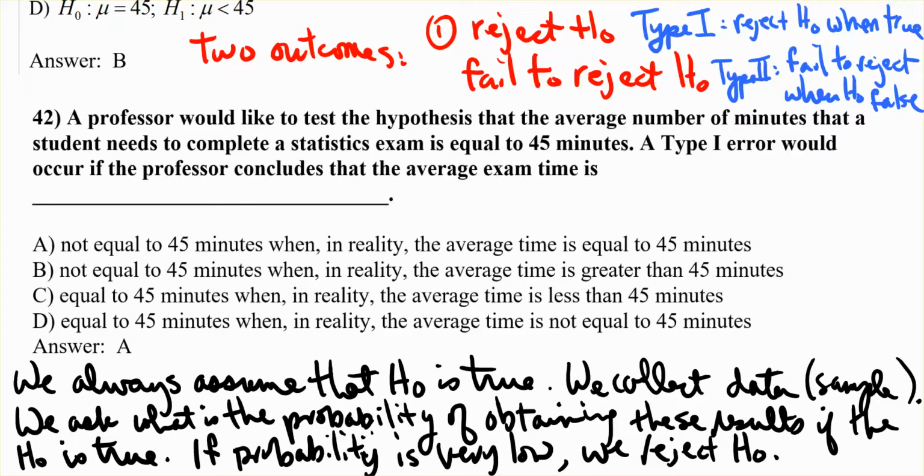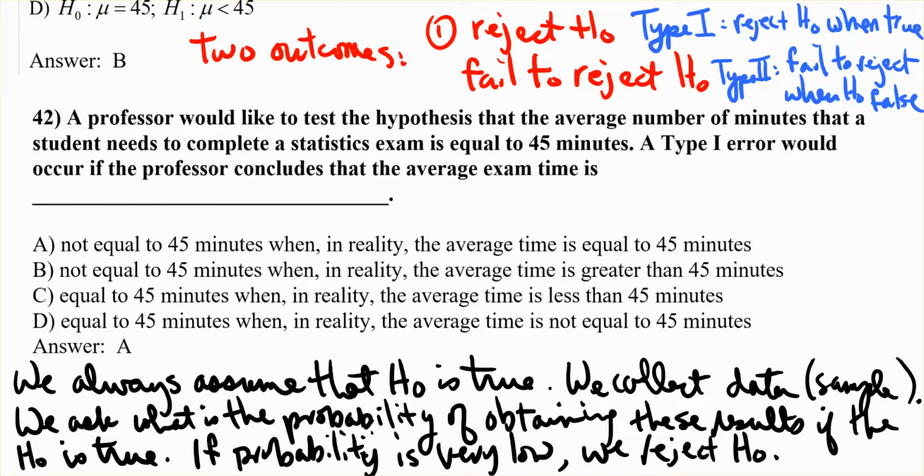We're trying to make some kind of a guess about what all the population data is. But we can't find all the population data. All we can do is to obtain a well-designed sample.